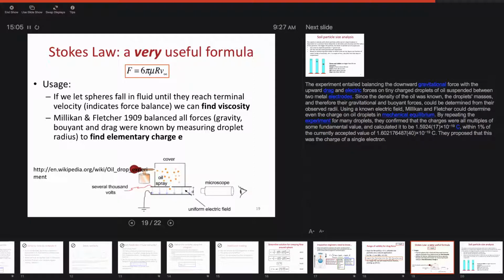So when you balance that with the electrical field forces, there was Millikan and Fletcher's experiment. Basically, they had these droplets of oil, and when they balanced the drag on them and the electrical force, they were able to find the actual electrical forcing on the particle and find the elementary charge.